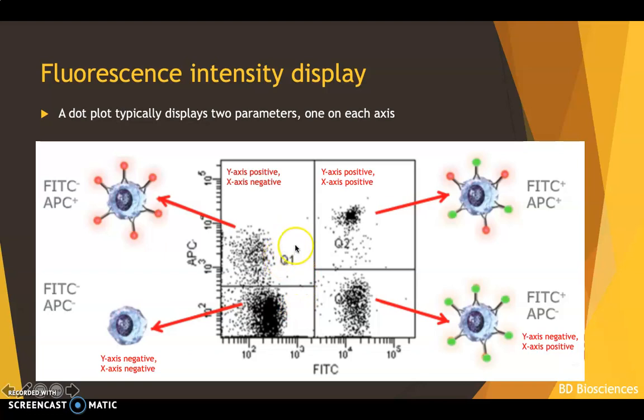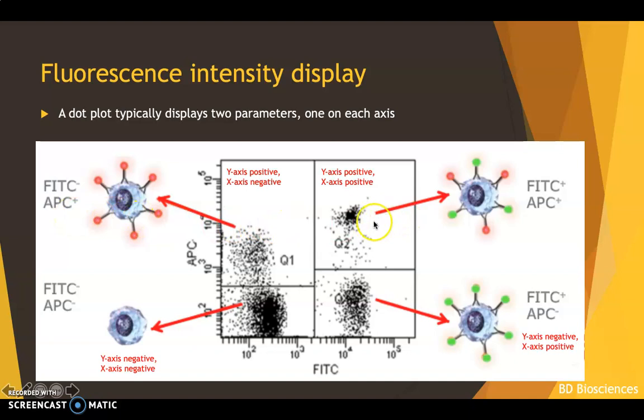Q1 is a group of cells that we denote as y-axis positive, x-axis negative, which translates into FITC negative, APC positive.